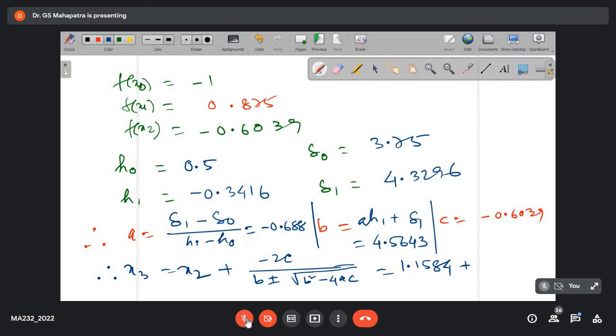So once again you will get two values, one is positive, one is negative, or maybe both are positive. Okay. So you have two values, those two values you write. Twice c upon b plus minus square root of b square minus 4ac.